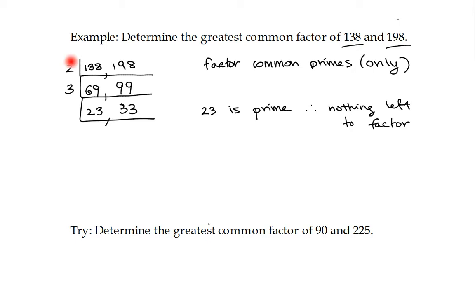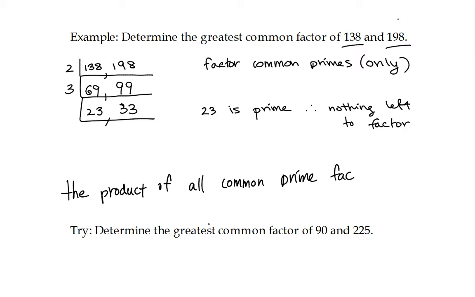So the product of all common prime factors will be the GCF. The product of all common prime factors is the GCF. So for us, 2 times 3 is 6.